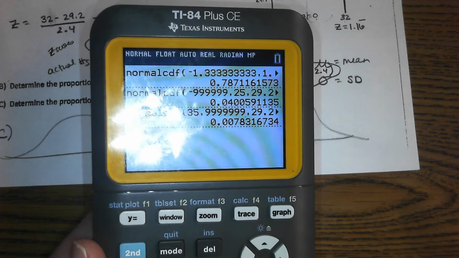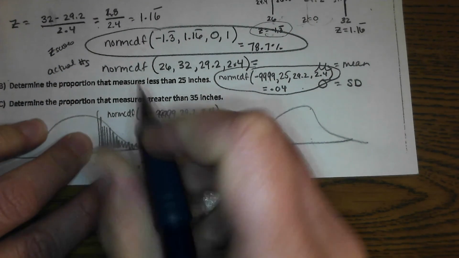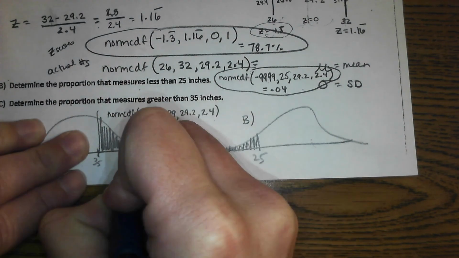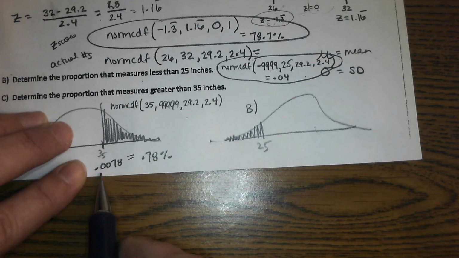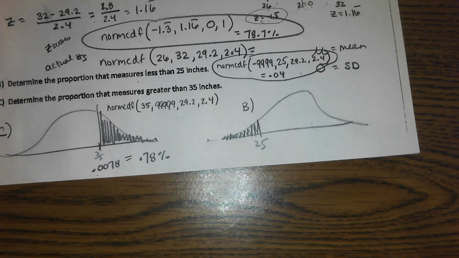What percent is that? 0.78%. So not even 1%. 0.78% is the equivalent to 0.0078. So if they ask for the proportion, 0.0078, the proportion as a percent, 0.78%, which you have to understand is less than 1%, which is not a lot of fish being greater than 35 inches.